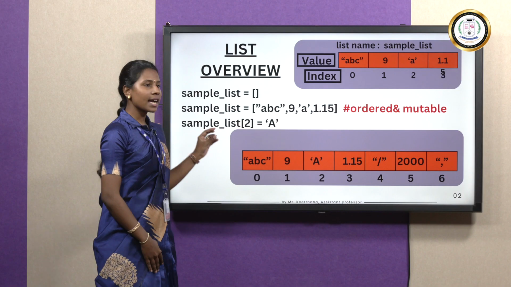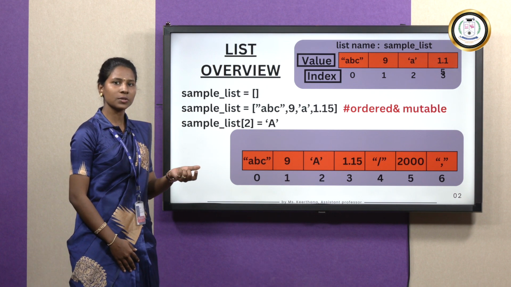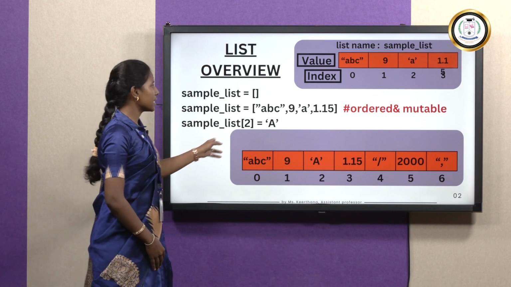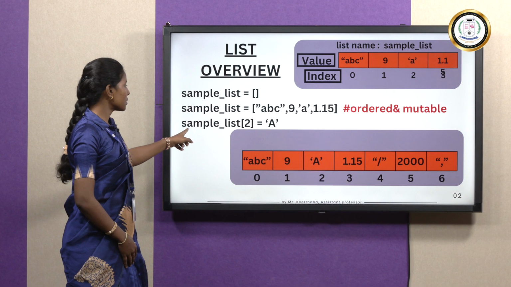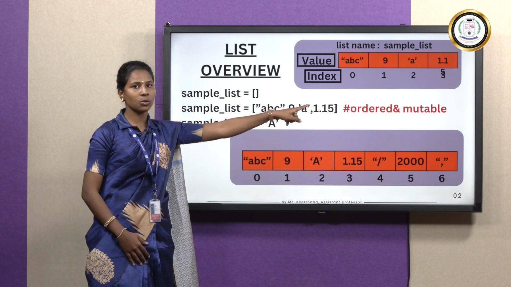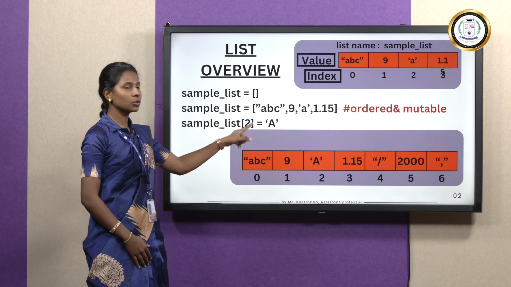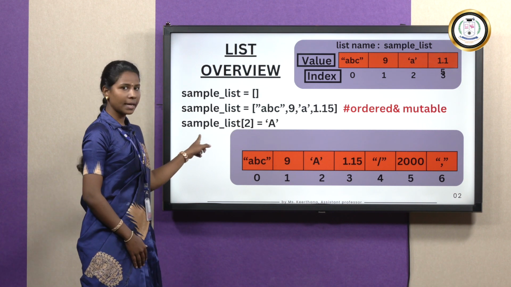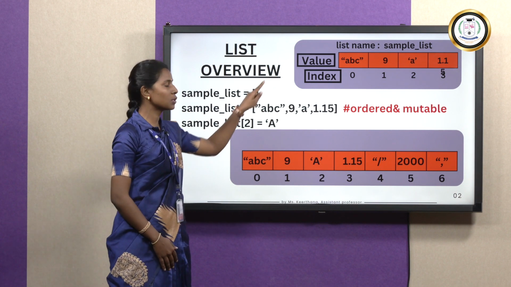That is, we can access the list using index values, and if we want to change the list elements, we can also use their index value to change them. For example, previously the sample list had 4 elements. The first element is a string ABC, the next element is 9, the next is a, and the last element is 1.1, which is a float. I am going to change the lowercase a into uppercase A. To do so, we mention the variable name followed by square brackets. Inside them we mention the index for which we are going to change the value.